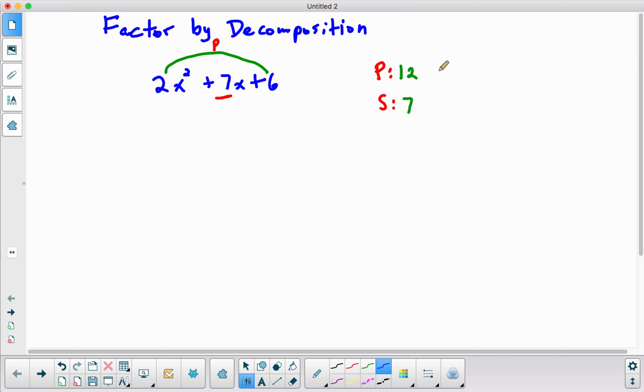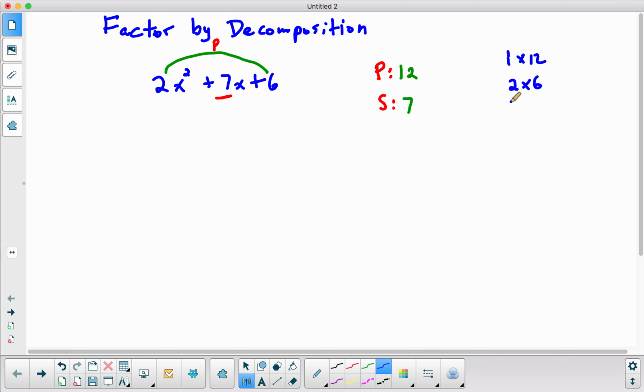Sometimes the two numbers will be obvious, and sometimes they will not be obvious. So what can we do? We can start listing all the numbers that multiply together to get 12. 1 times 12 is 12, but 1 plus 12 is not 7. So those are not the two numbers we're looking for. What else multiplies to get 12? Well, 2 times 6 is 12, but 2 plus 6 is not 7.